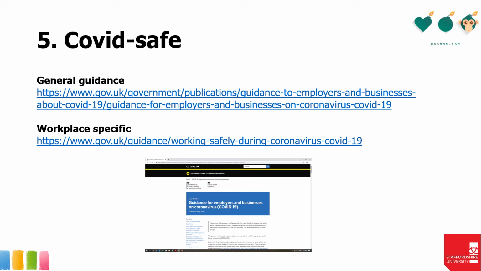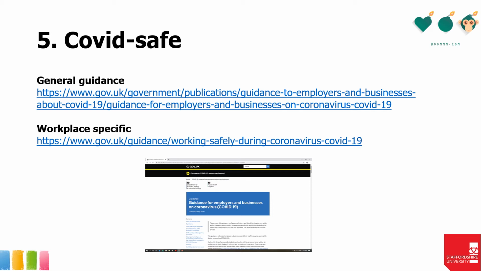So you might be in a factory, you might have canteens, you might be running a transportation service. So what gov.uk has done, it has looked at these different workplace settings and produced additional, very specific and tailored advice to help you be COVID safe in those different working environments.